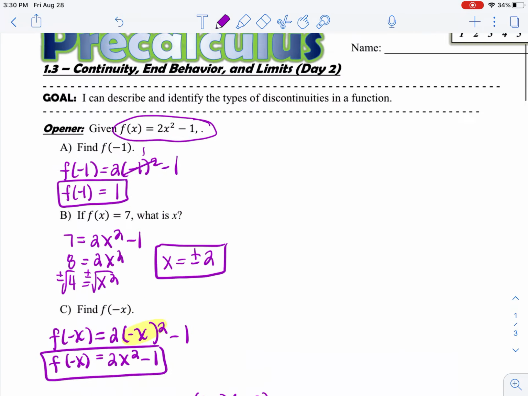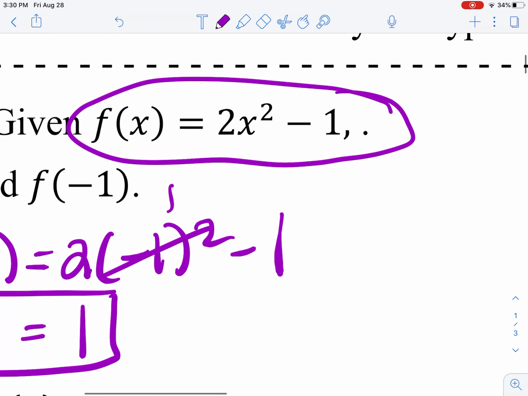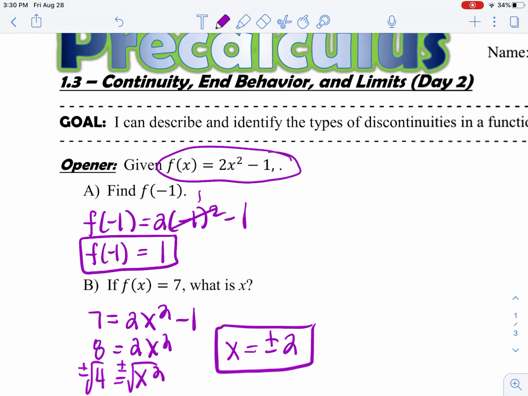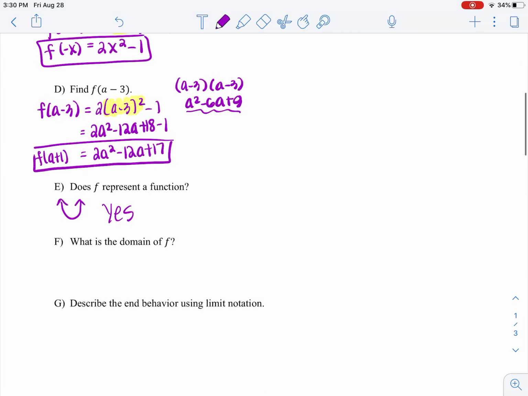What's the domain? If you look at the equation here, I asked myself, are there any restrictions? The answer is no, because there's no square roots and no denominators, so there are no restrictions. So the domain is all real numbers. Describe the end behavior using limit notation. So we already said that it is a parabola and it is upward facing.